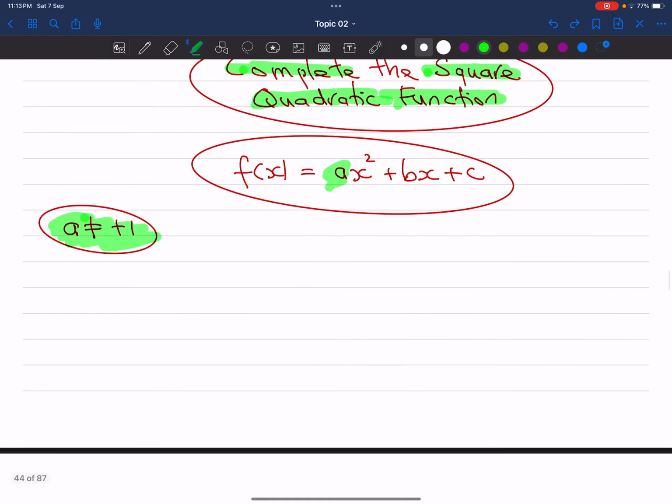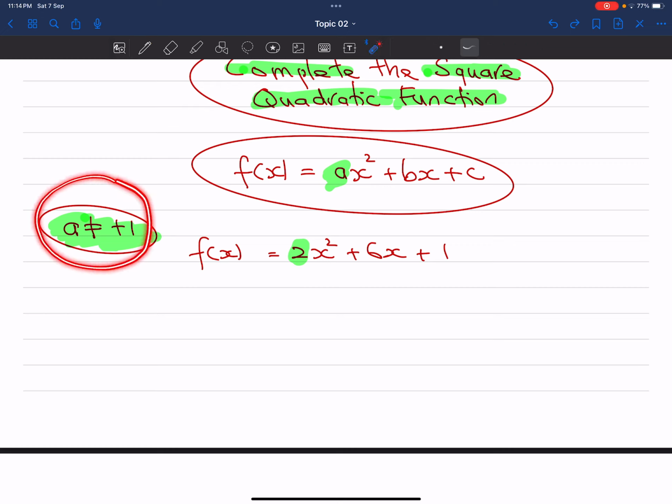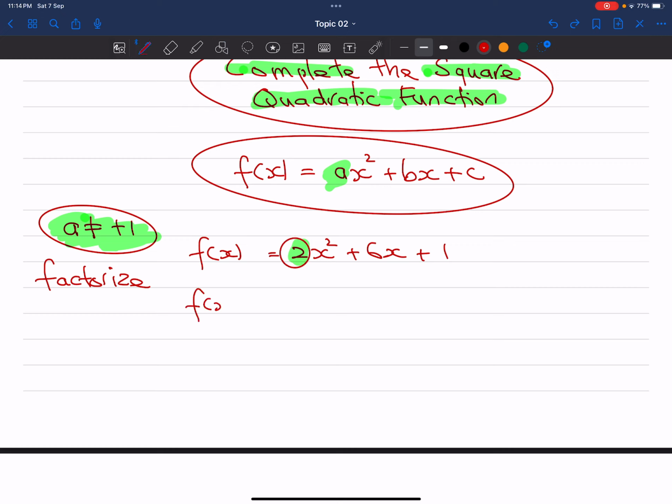And the example is, we are given f(x) equals 2x squared plus 6x plus 1. You notice the number in front of x squared is not positive 1. As I said earlier, if the a is not positive 1, we must factorize. So I'm going to factorize the 2 out, which is f(x) equals, take out the 2, I'm going to put square brackets.